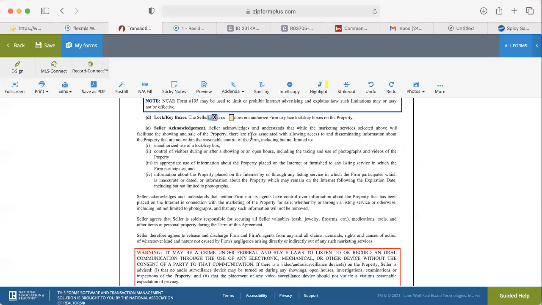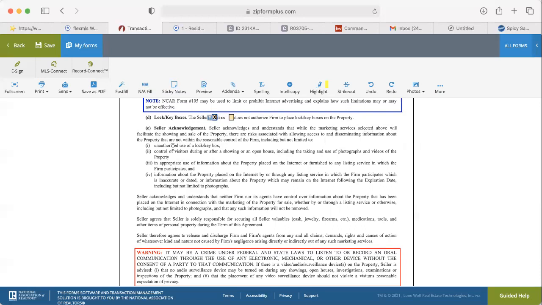Seller acknowledgement acknowledges and understands that while the marketing services selected above will facilitate the showing and sale of the property, there are risks associated with allowing access to and disseminating information about the property that are not within reasonable control of the firm.